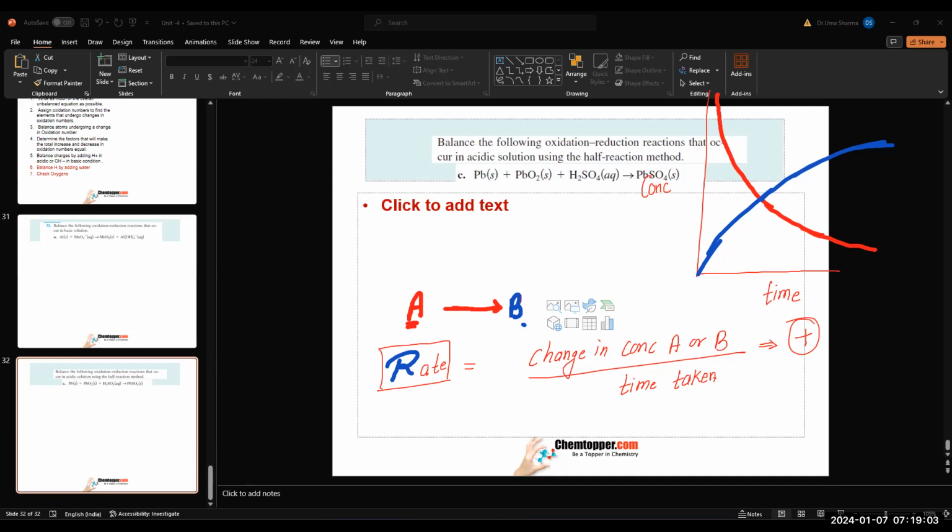How to represent it? Minus for A. Why? Because A is decreasing. Final is less than initial. So minus delta [A] over delta t. That's the rate. Minus means decrease: decrease in concentration of A. This is concentration, remember? Square brackets. It means this concentration is in terms of molarity.